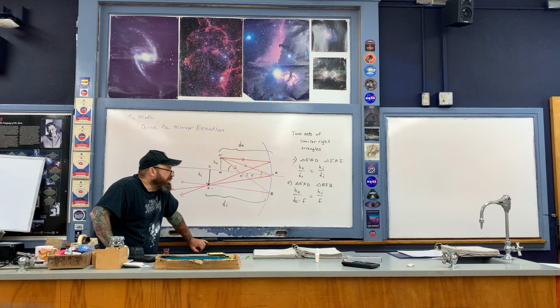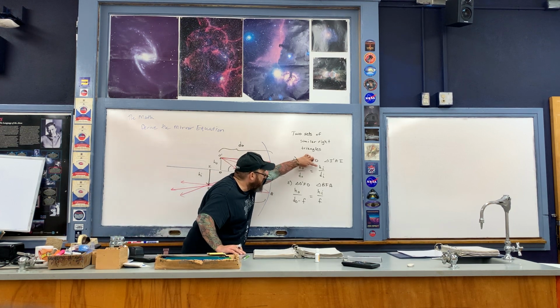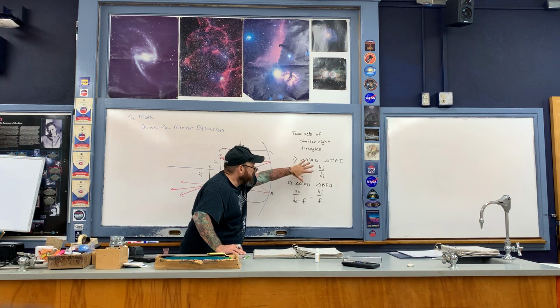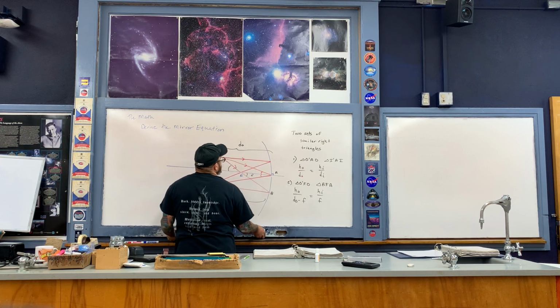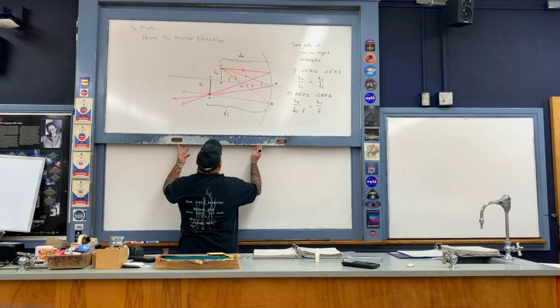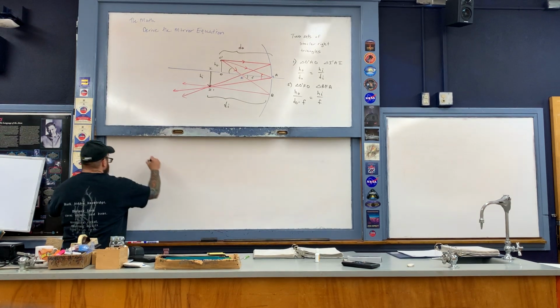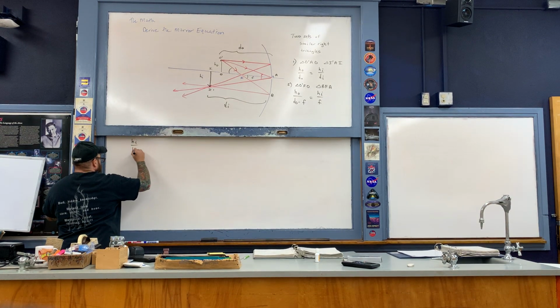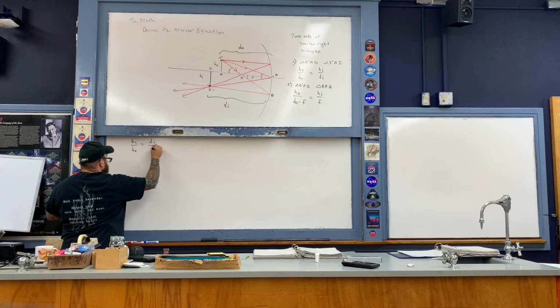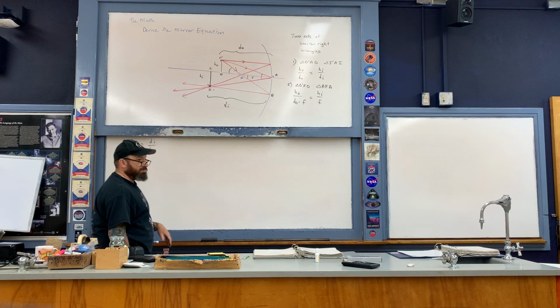What I'm going to do for each set is write it in terms of HI over HO. Let me do that first for the top set. For the top set, HI over HO is DI over DO when you cross multiply.